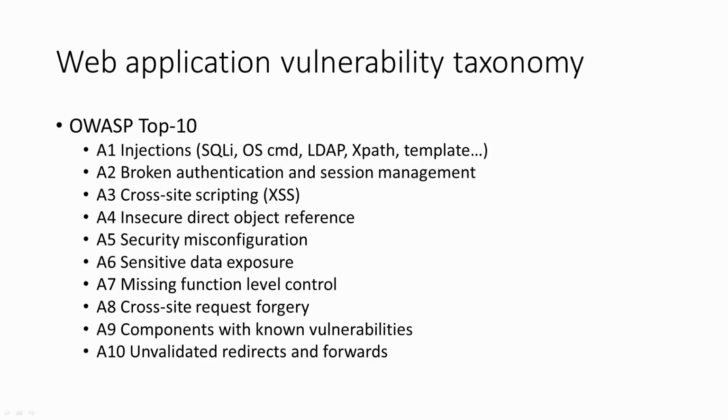And finally, the 10th category is unvalidated redirects and forwards. Nowadays most web applications normally redirect you as a user to different parts of the application, and even outside the application to some other web apps that they pass control over your further interaction with the business logic they implement jointly.